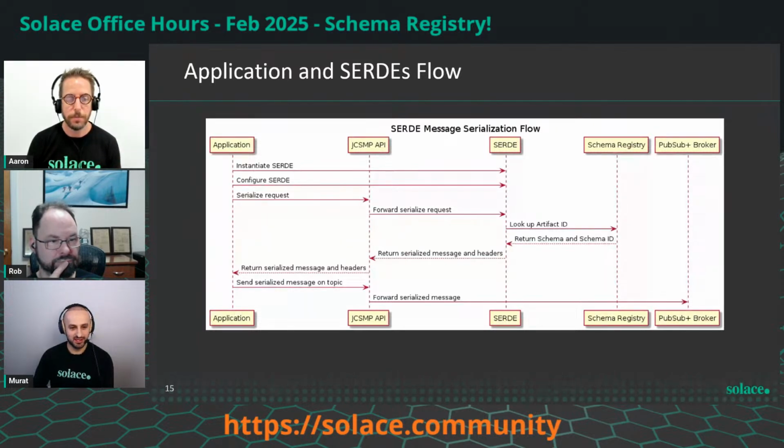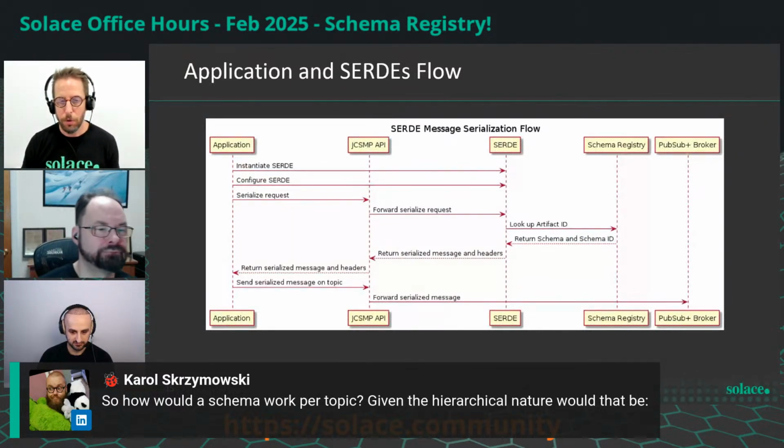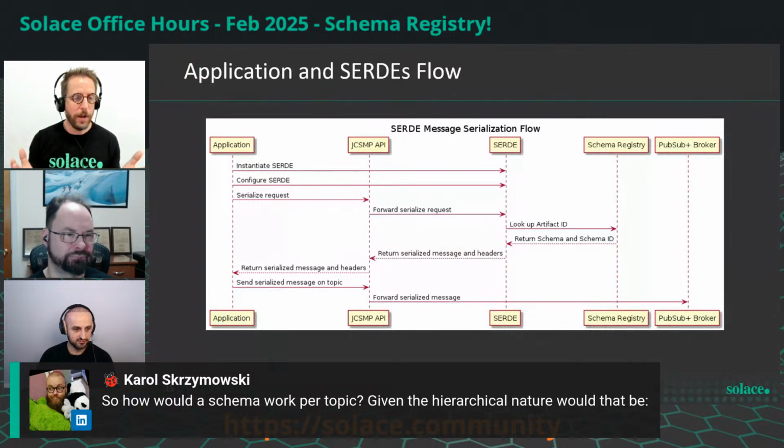So yeah. Quick question. I think you guys covered this, but how would a schema registry work per topic given the hierarchical nomenclature? That's what the topic profile was, right? That pattern. It would say, A/B/star. And if the topic matched that pattern, then that's the schema for it.